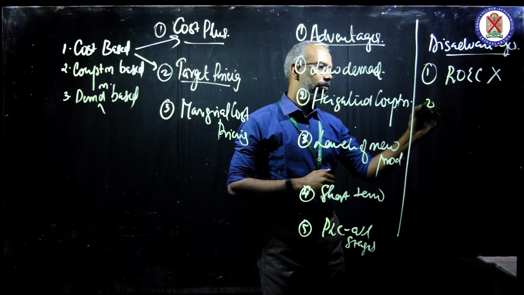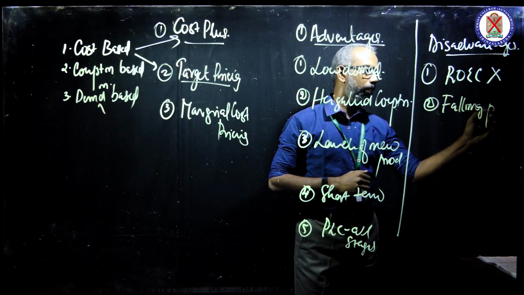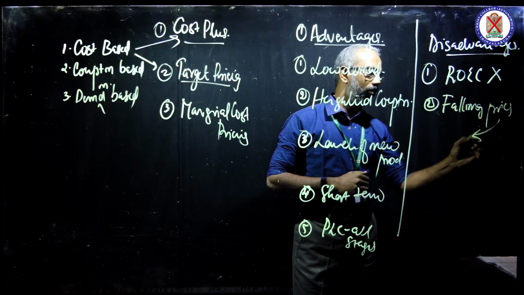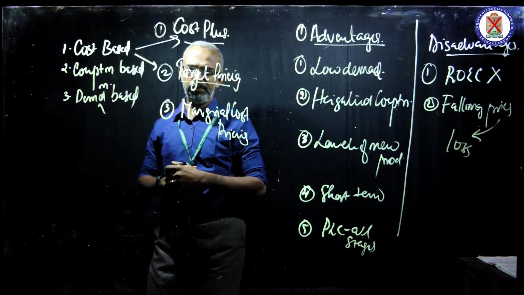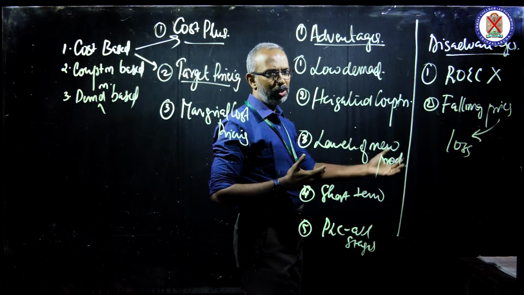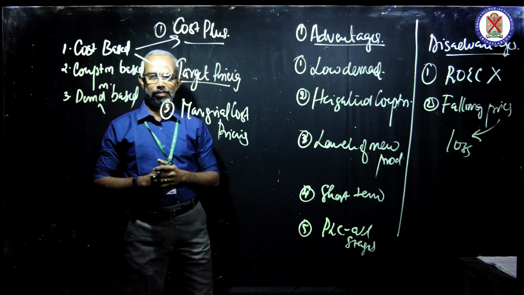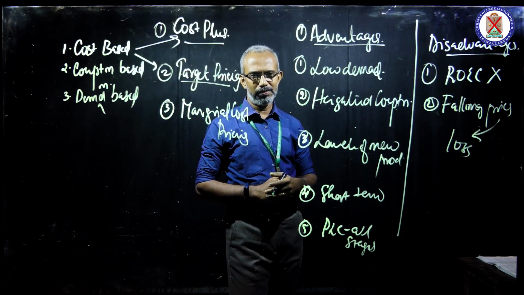Point 2. In cases of falling prices, your marginal cost pricing may lead to a loss. Why so? You understand that your marginal cost pricing takes into account only variable costs. Now what happens if your variable costs keep on falling down?